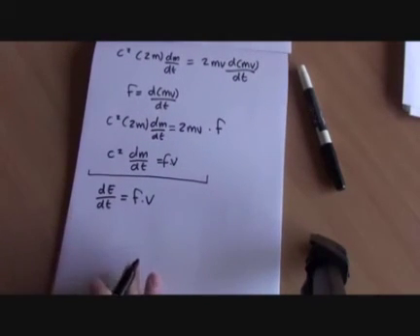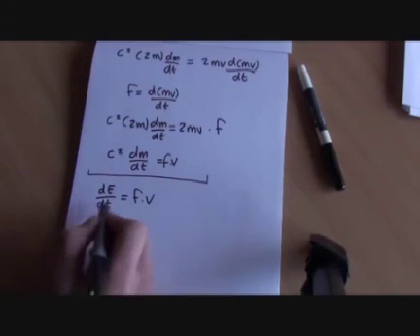This you've seen on one of the other videos that I've shown. It basically comes from the idea that work is force times distance, so the rate of change of work is force times the rate of change of distance with time, and that's velocity. And so we know this relationship to be true.